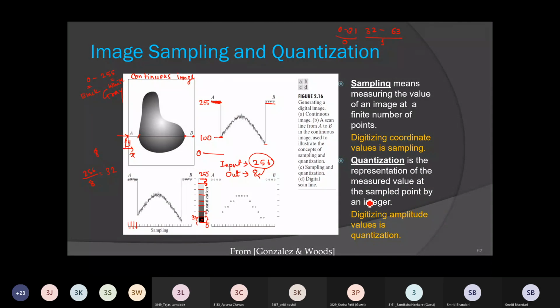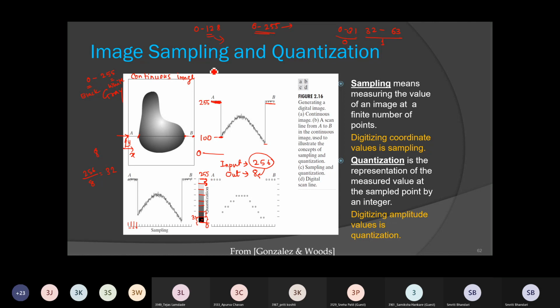Quantization is the representation of the measured value at the sampled point by an integer. So digitizing the amplitude values is quantization. If I'm having 0 to 255 values, that is okay.